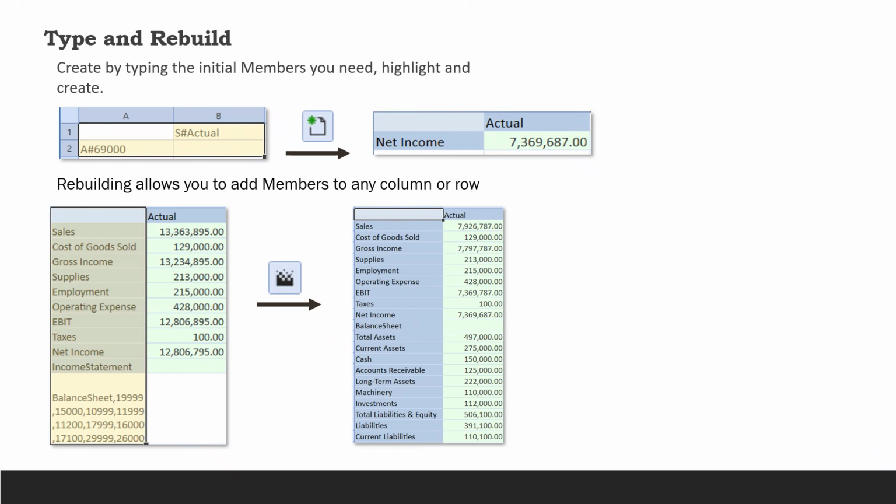Now suppose you want to rebuild your quick view. You already have this quick view in your sheet and you want to add multiple accounts there. You can just add those accounts, select all those accounts, and click on the rebuild button in the quick view pane, and your quick view will be created there.